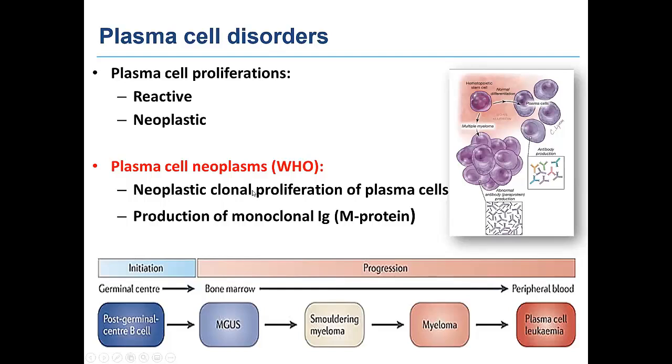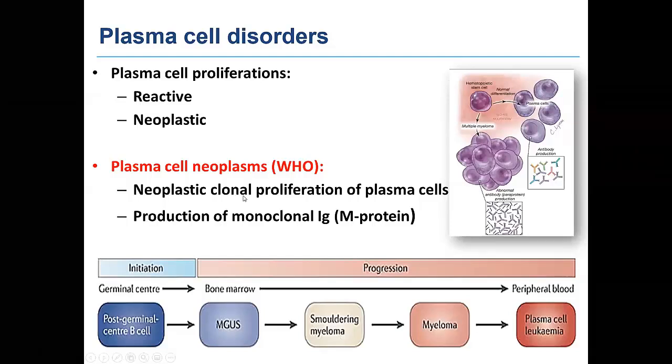So that means if we say multiple myeloma or plasma cell neoplasm, we have to prove that the proliferation is clonal.